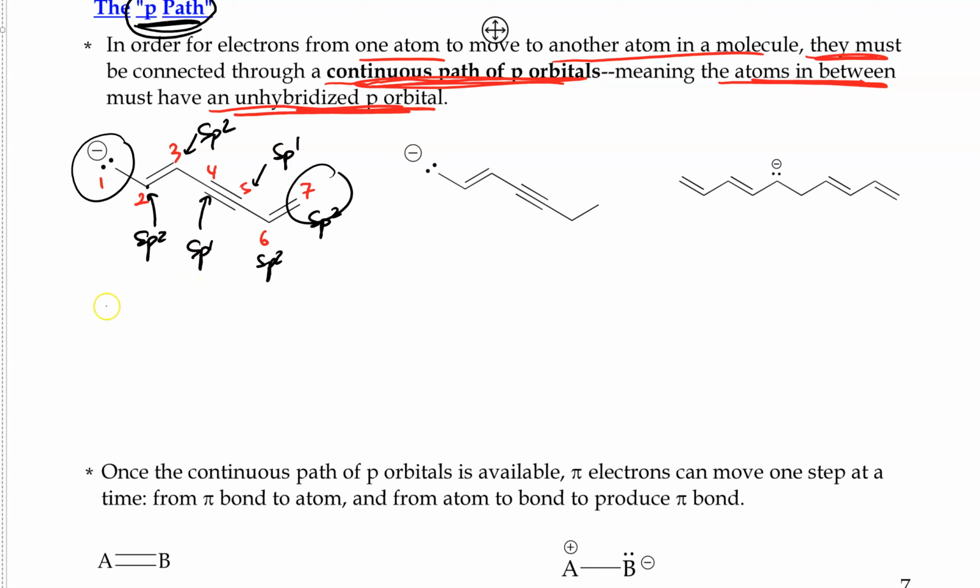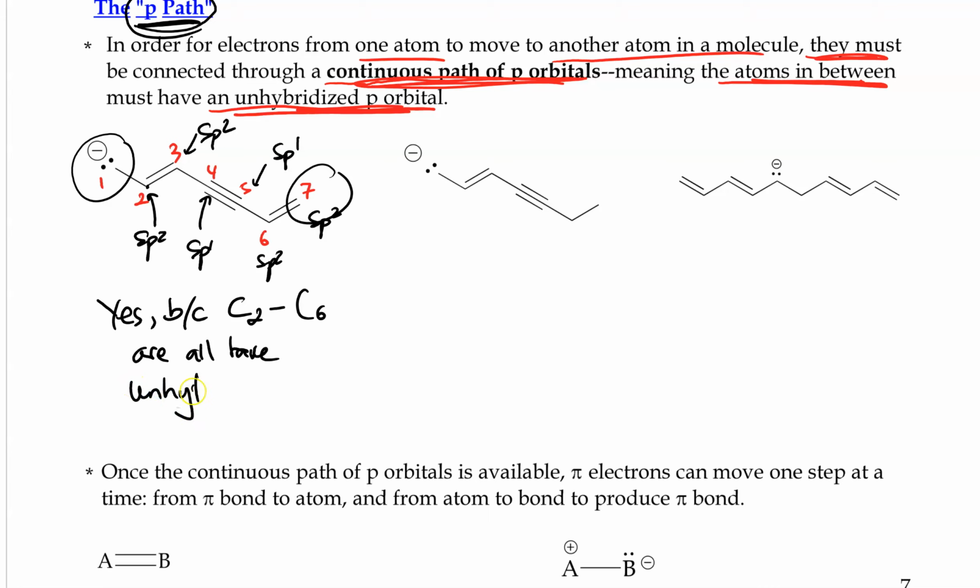But in this case, yes, it is possible because there is a p path of electrons, because C1 to C6 all have unhybridized p orbitals on them. So it is very important that we know how to determine the hybridization of the carbon quickly.